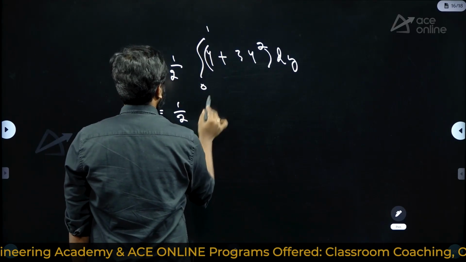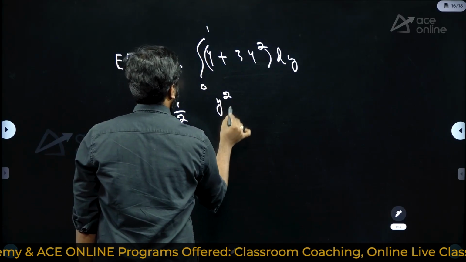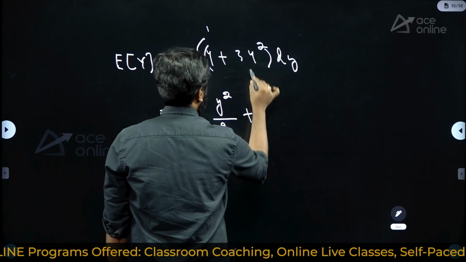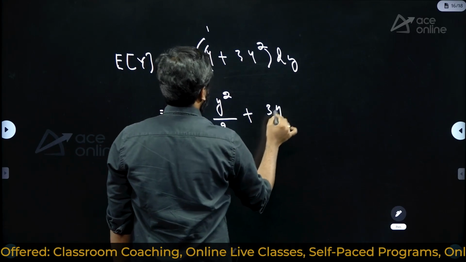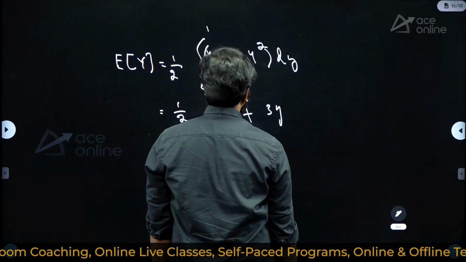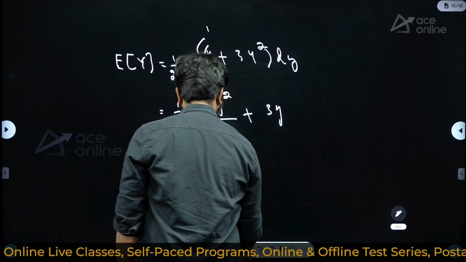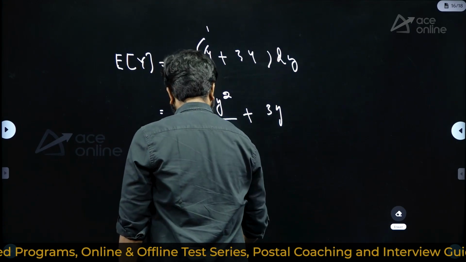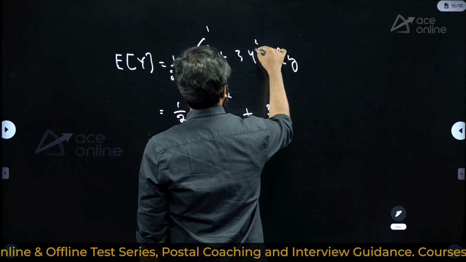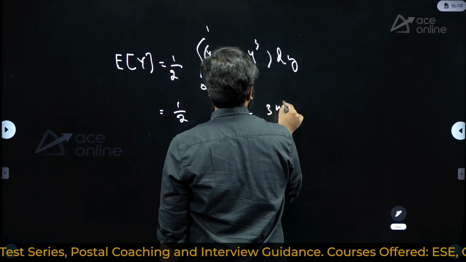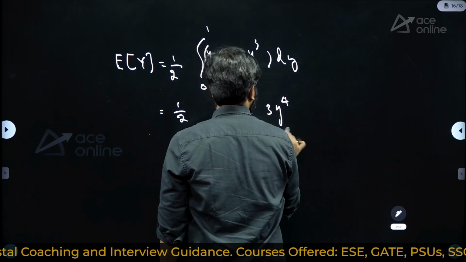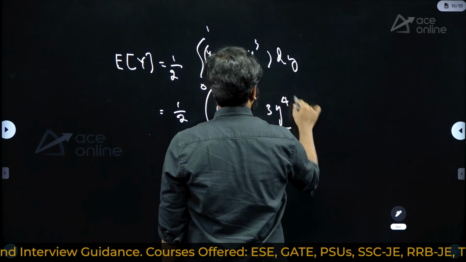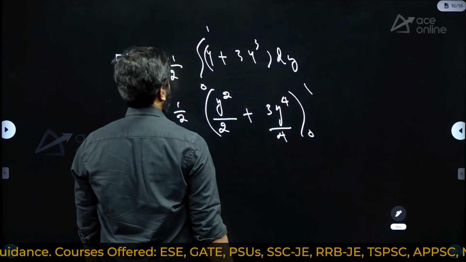So it is 1 by 2 times y square by 2 plus, okay, y into y is y cube. See, I have made a mistake here. So I should have written y cube here. This is y cube. So the integration of y cube is y power 4 by 4. Now substitute the limits, which is from 0 to 1.